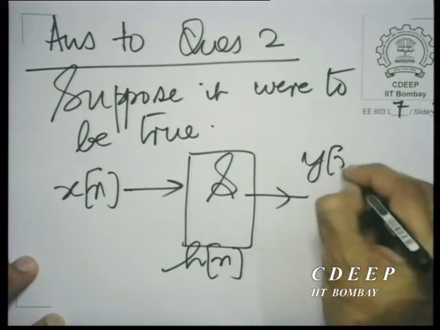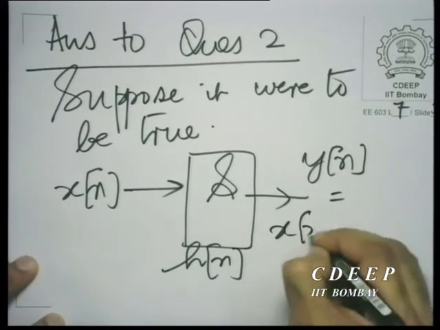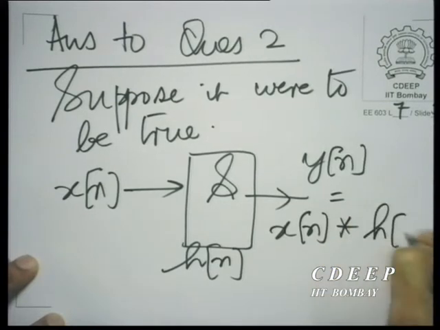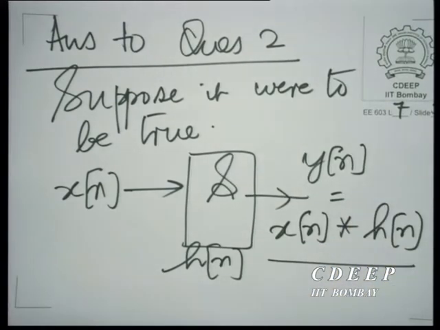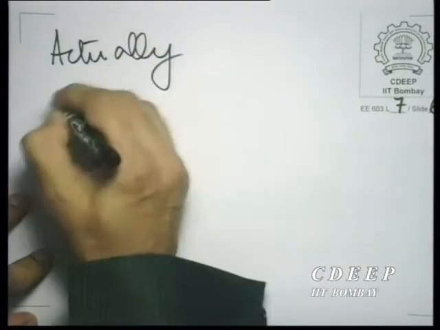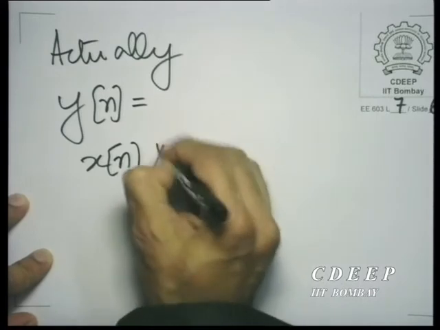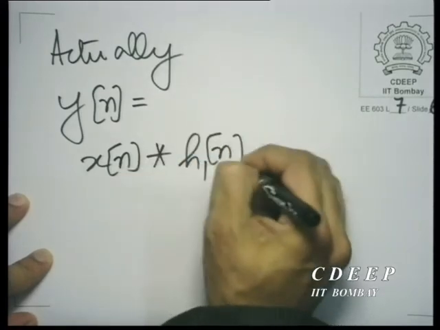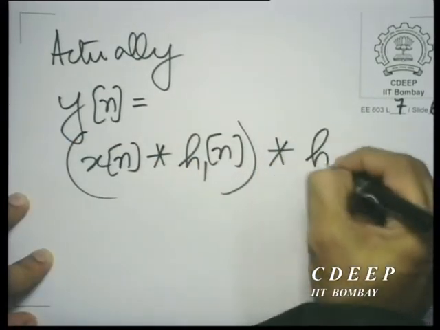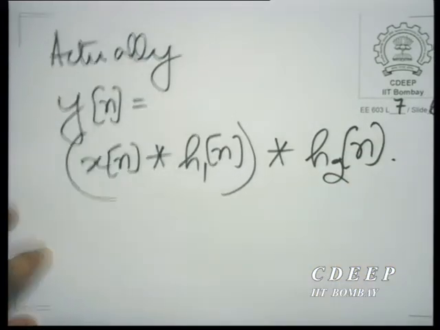Obviously, the output would be x of n convolved with h of n, isn't it? And we need to find out this h of n. And what do we actually have y of n to be? Actually, y of n is x of n convolved with h1 of n followed by a convolution with h2 of n.